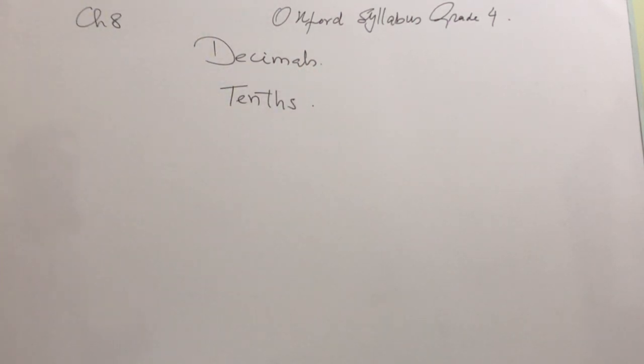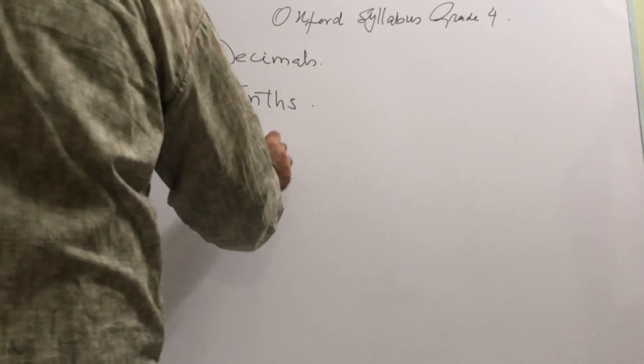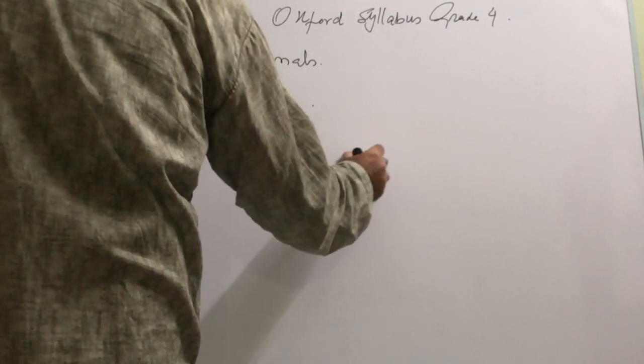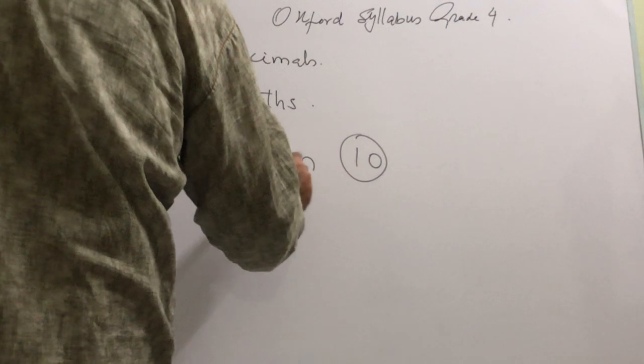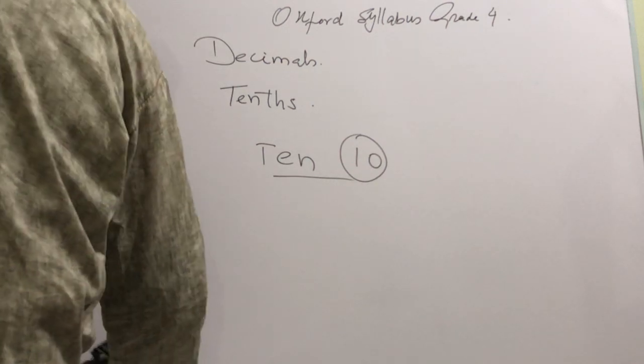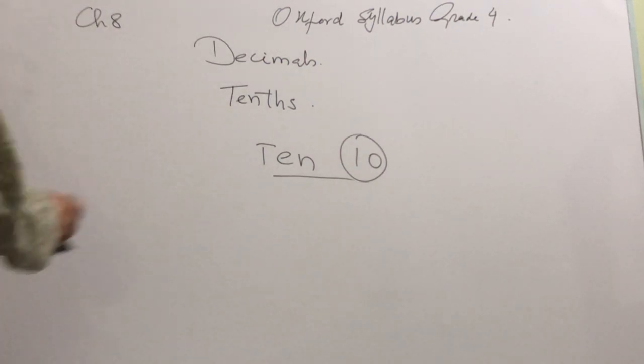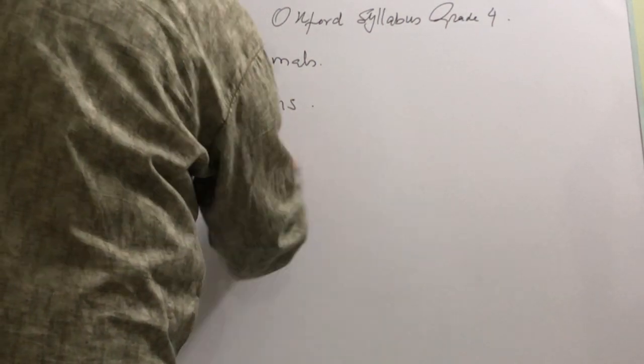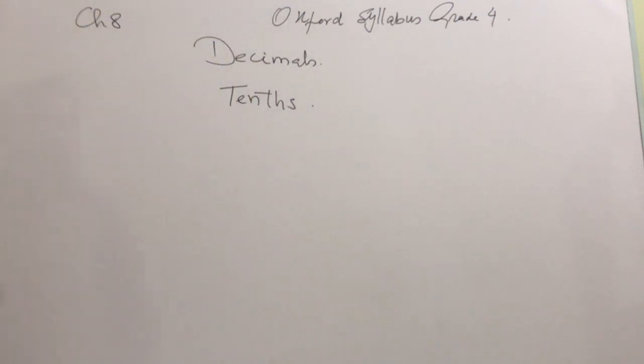It is not 10. 10 means this is 10. Okay? But here we are not talking about the 10, we are talking about the tenths. What is the meaning of tenths? Tenths mean it is one part out of 10.